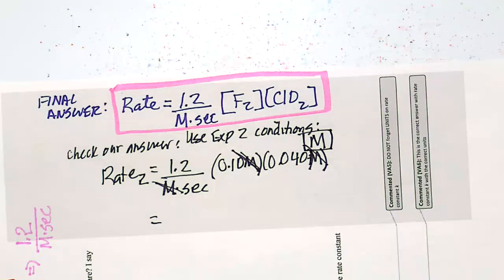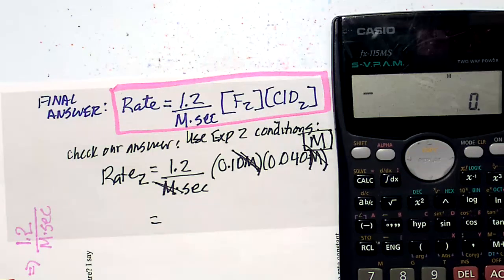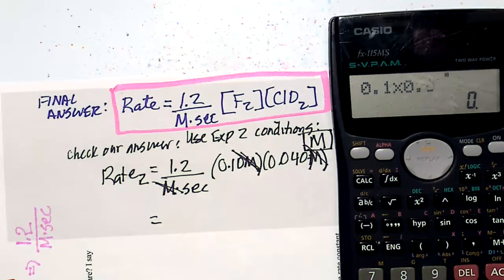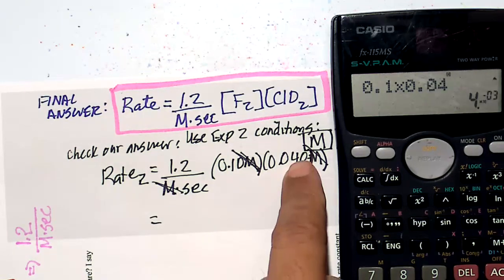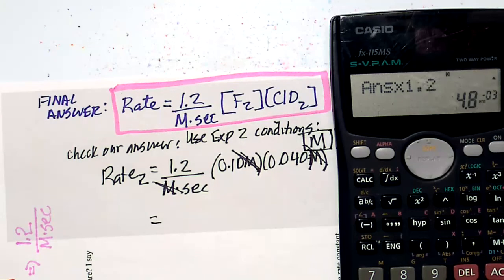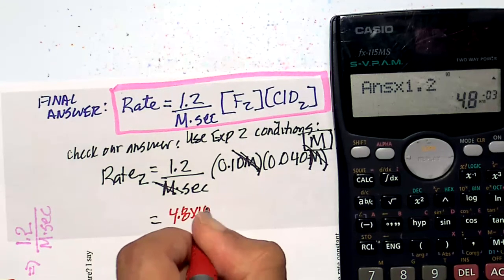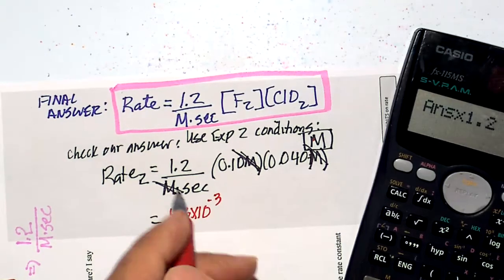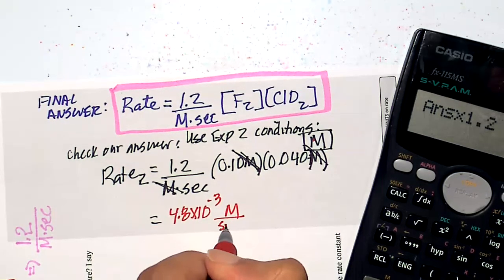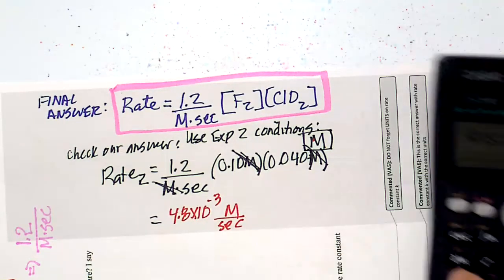All right, here we go. Winning time, I guess. All right, Connor, here we go. 0.1 times 0.04 times 1.2, 4.8 times 10 to the minus 3 M over seconds is the rate for experiment 2.